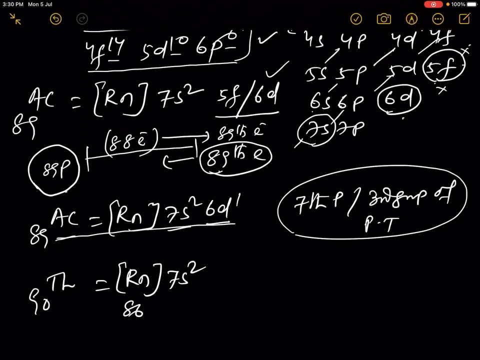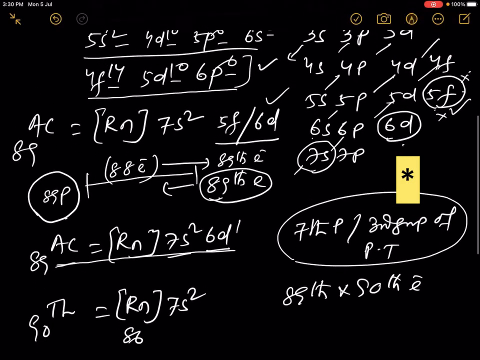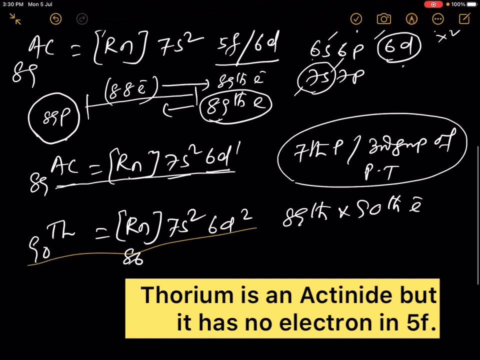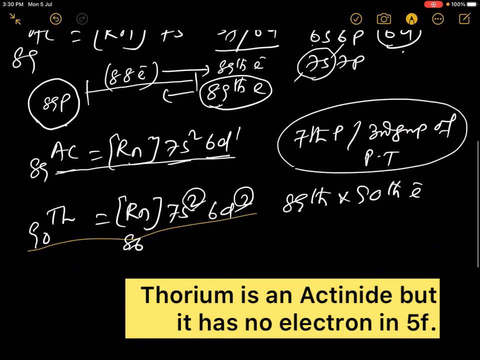Due to possible repulsion of inner electrons, the 89th and 90th electrons do not enter 5f, rather they enter 6d. So its configuration becomes Rn at the core, 7s2, 6d2.